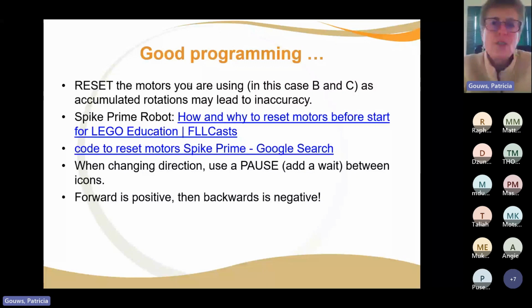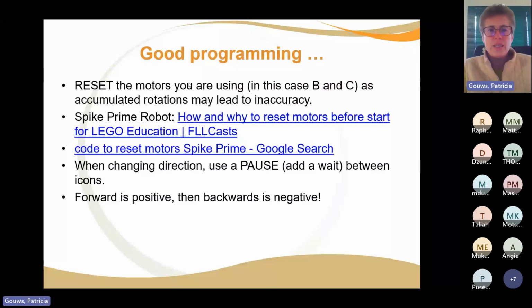Okay. So the one thing that I have a little bit of a bane is to reset the motors. And what happens there is that the gears inside your motors are sometimes just, they don't quite finish. And so you have little accumulated rotations that lead to inaccuracy. And we really want very reliable robots.